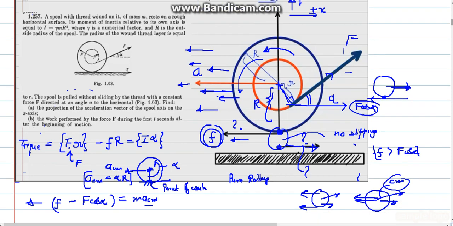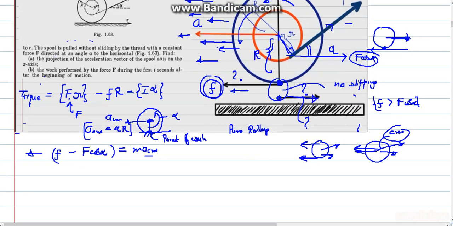So now bring the two equations together. We have FR minus Fr is equal to I into alpha, the angular acceleration. Don't get confused with this alpha, this is the angle, and this is the angular acceleration.